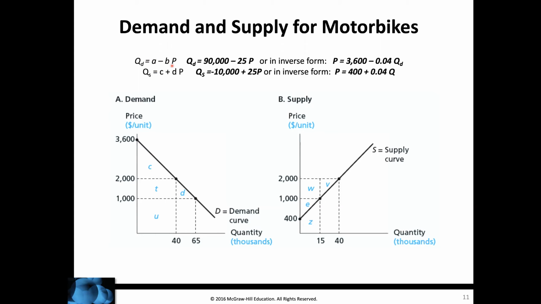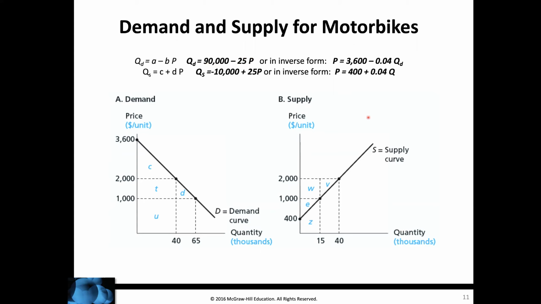And P is the price. So you can see if we plug this in here, the quantity demanded equals 90,000 minus 25P. If the price is 0, that makes this part 0. So consumers would demand 90,000. So you can see that there.